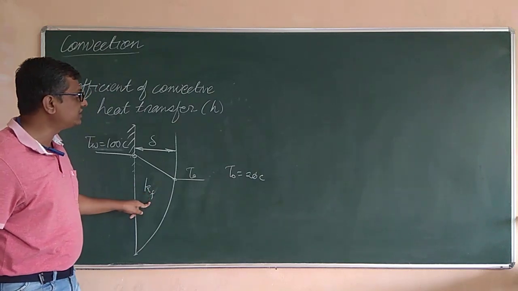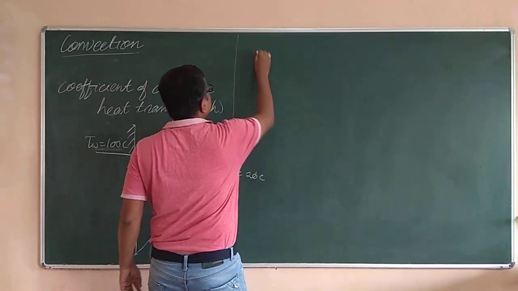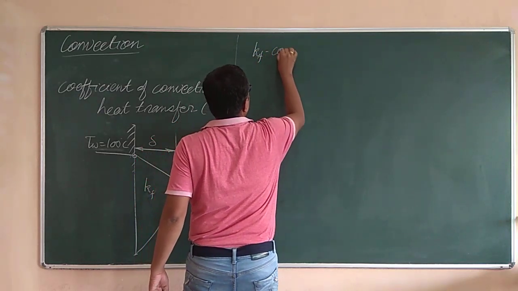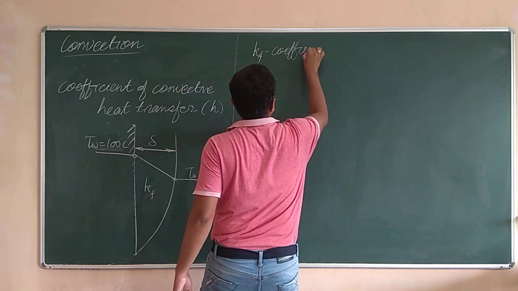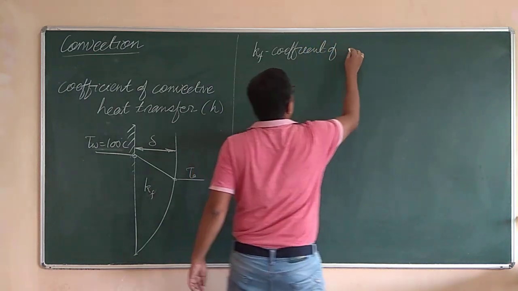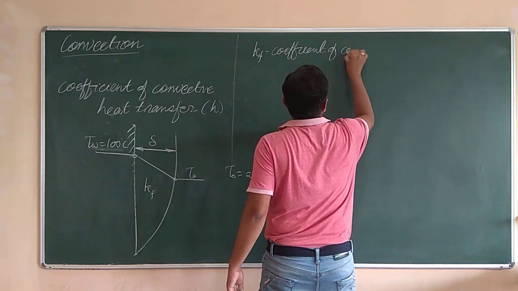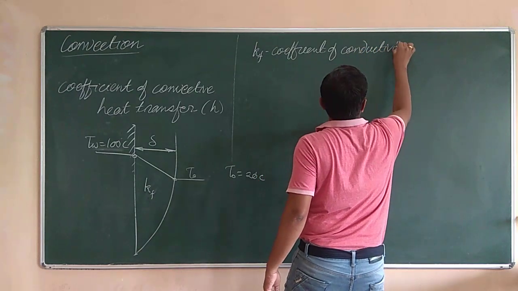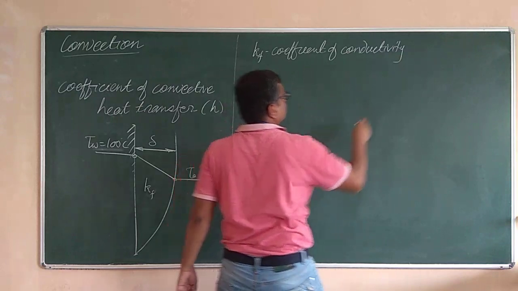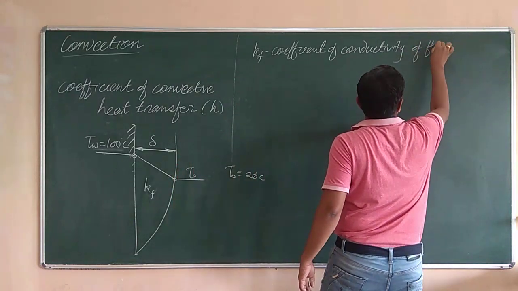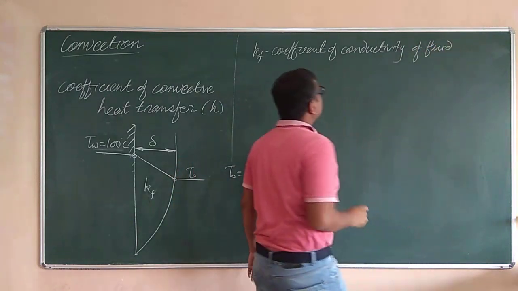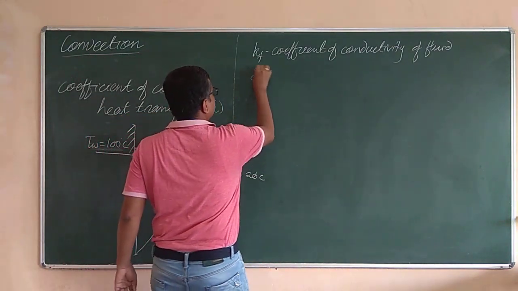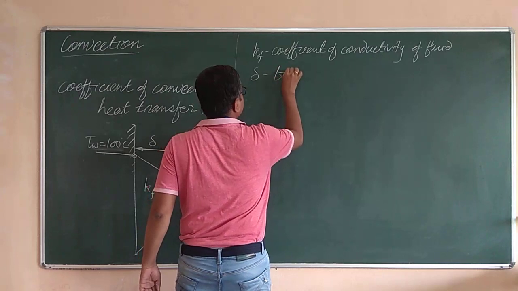So Kf is the coefficient of thermal conductivity of the fluid, and delta, we know what this delta is. The term delta is nothing but the film thickness.